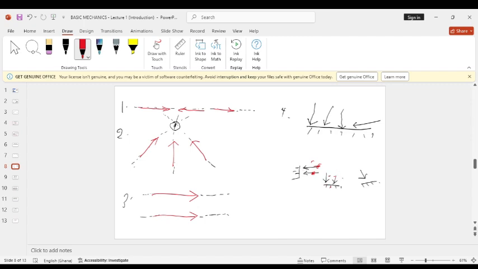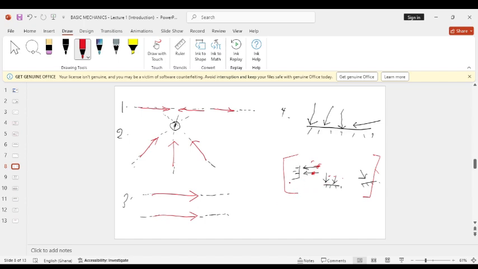So the two of these groups of forces are non-coplanar because they are acting in different planes. So the collection of these four systems, we say they are non-coplanar because they act in different planes.